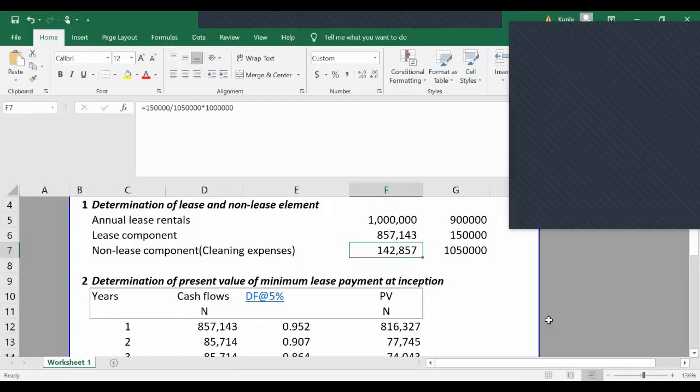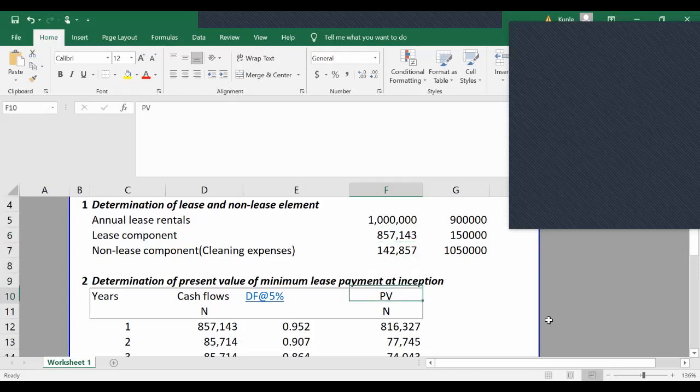Is that clear? Now, for the lease components, because that lease arrangement is for a period of 3 years, these particular lease components will now be discounted. Why are we discounting it? Because these payments represent future payments in respect of the lease transaction.